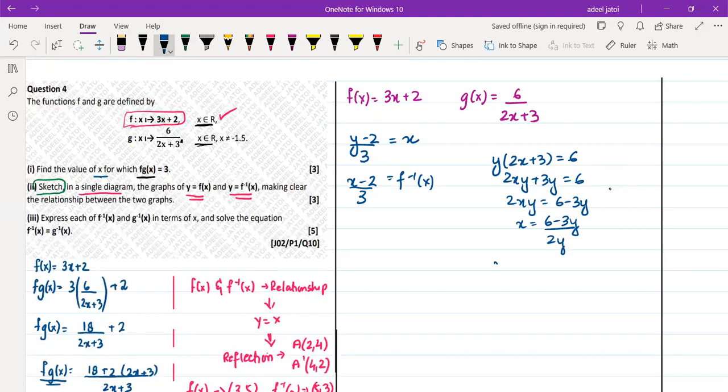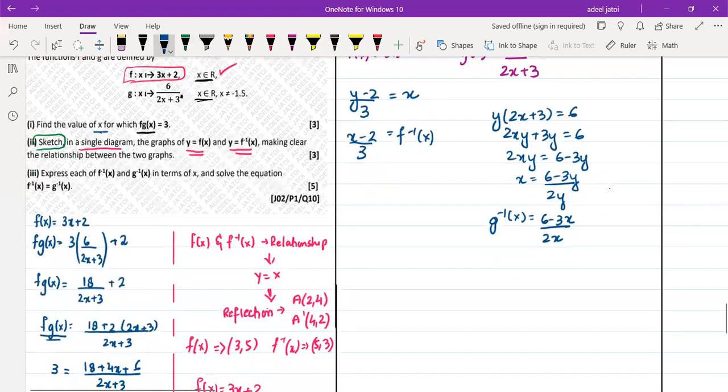When x is the subject here, this will become g inverse of x, and your y will turn to x. So these are the 3 steps we follow. Step number 1 is change f(x) to y. Second step, make x the subject. Third step, change x to f inverse of x and y to x. The last one obviously goes through the same steps.